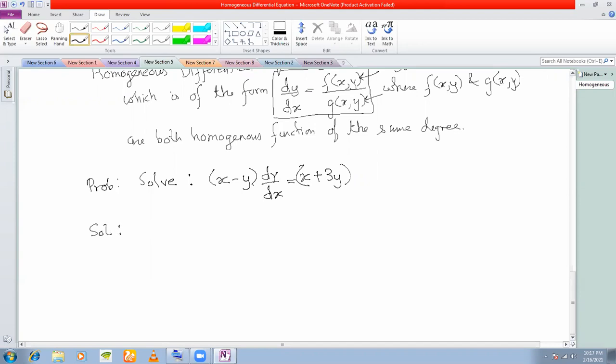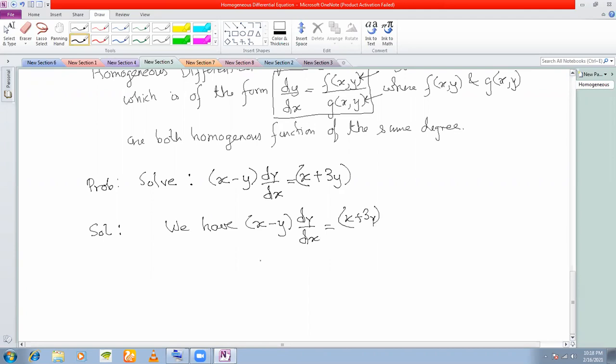Now see here. What you see here is x minus y into dy dx is equal to x plus 3y. So we first find out dy dx. We have x minus y into dy dx is equal to x plus 3y.